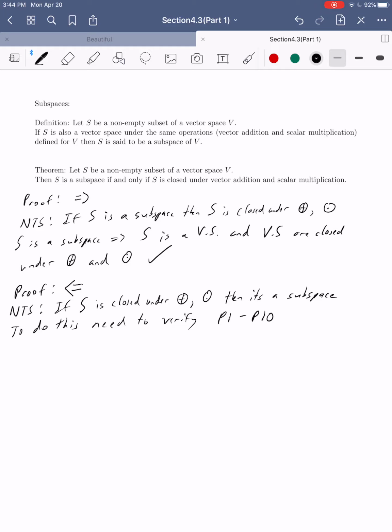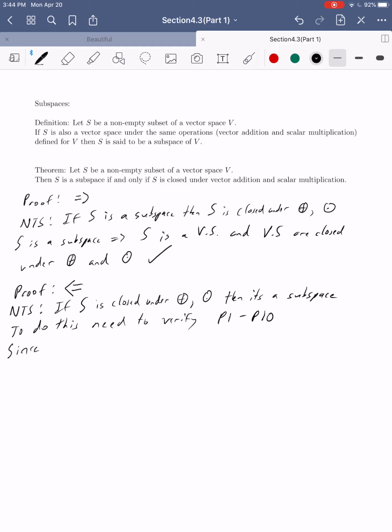Now, if you watch the last 4 videos walking through section 4.2, we went through and worked a lot with those 10 properties. We probably don't want to have to go through one by one and do them all over again in this situation. Luckily, we don't have to. A lot of them we get for free.